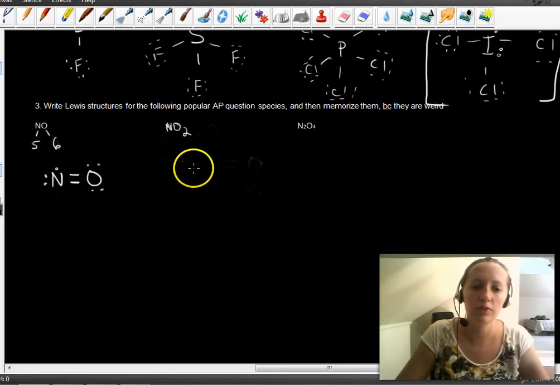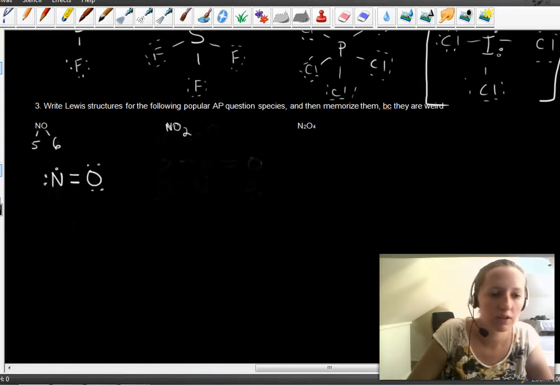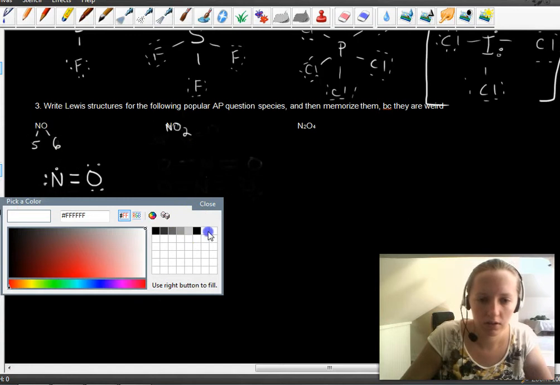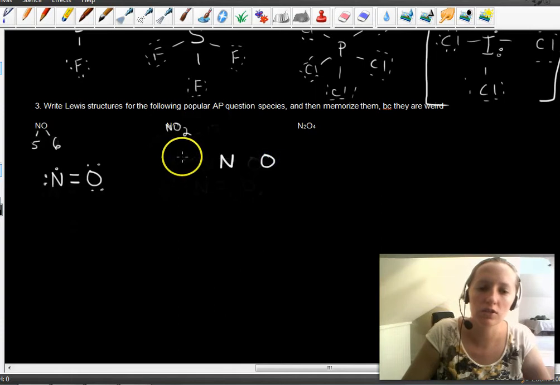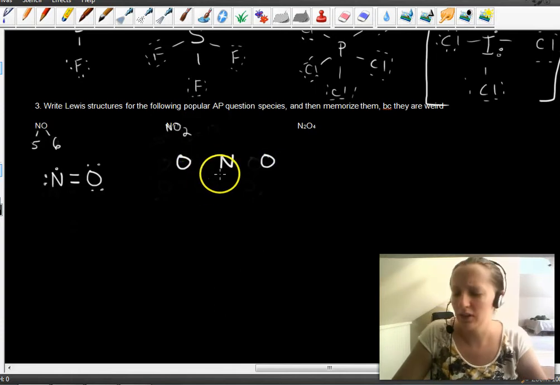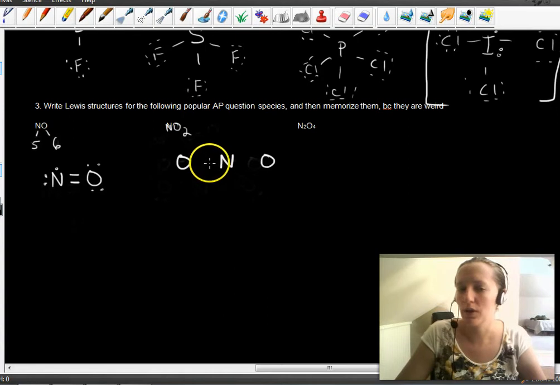All right, so here we have nitrogen dioxide with nitrogen in the middle and oxygens around the outside. And I have a little bit of trouble with this one because I'm not really sure where to put single versus double bonds, so we're going to try all of our options.